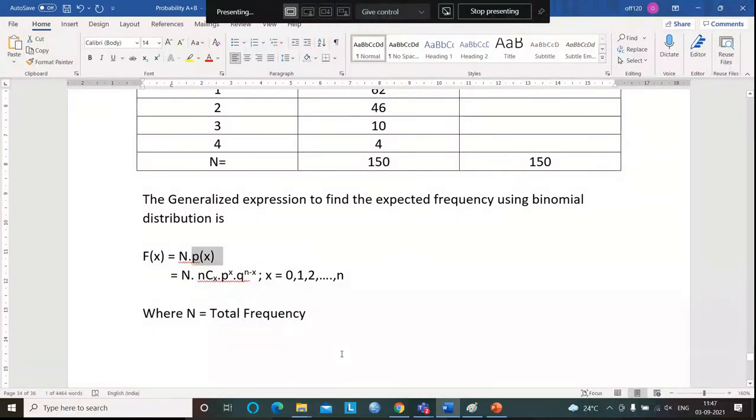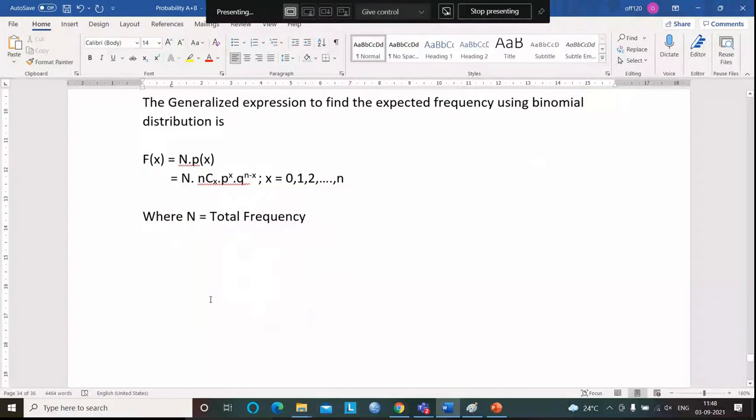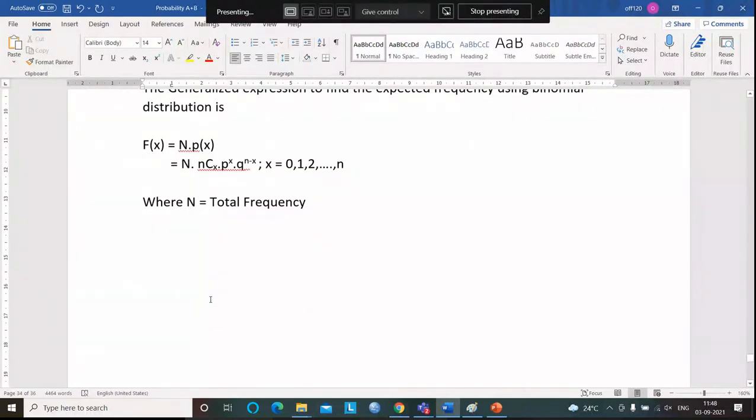P of x is nothing but the probability function of binomial distribution, that is nCx into p power x into q power n minus x, where x ranges from 0 to n. Now, let us substitute the values in this formula and find the new frequencies so that we can verify whether the total is equal to 150 or not. If that is satisfied, we are done with the fitting of binomial distribution.